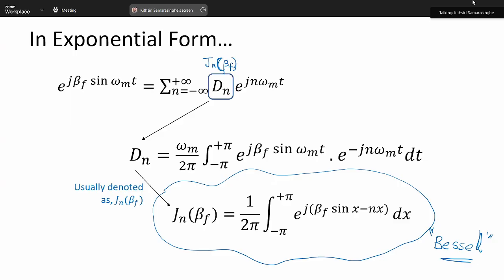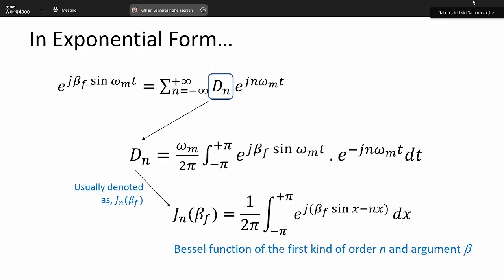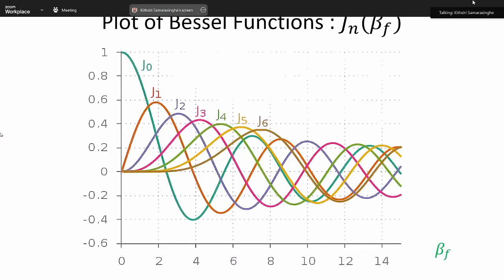That way, finding out the spectrum will be easier. This is known as a Bessel function of the first kind of order n. The argument is our modulation index. These are the Bessel coefficients.